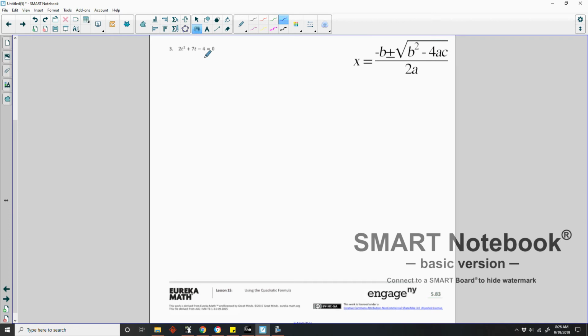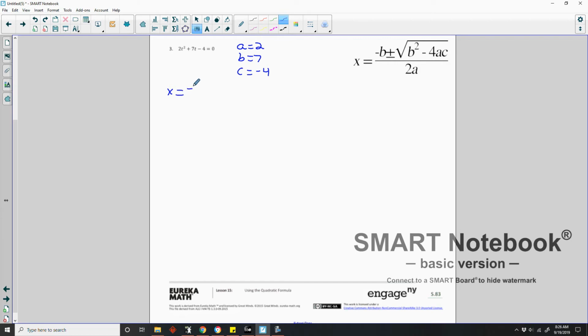Okay, so here's 3, and we have ax squared plus bx plus c equals 0. It's in standard form. My leading coefficient is 2. My linear coefficient is 7. And my constant is negative 4.